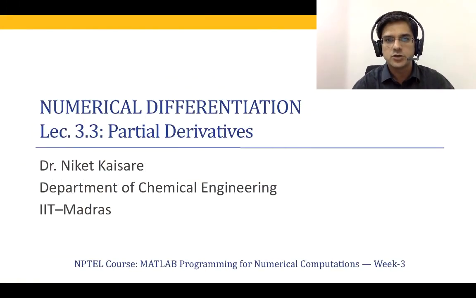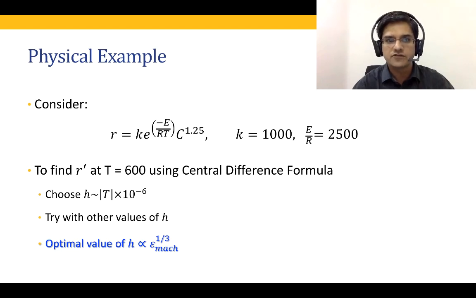Before we do that, we will go over the example that we took in the previous lecture, the practical example of rate of reaction. We wanted to find its derivative with respect to temperature T at T equal to 600. We used the central difference formula with h equal to 10 to the power minus 4.